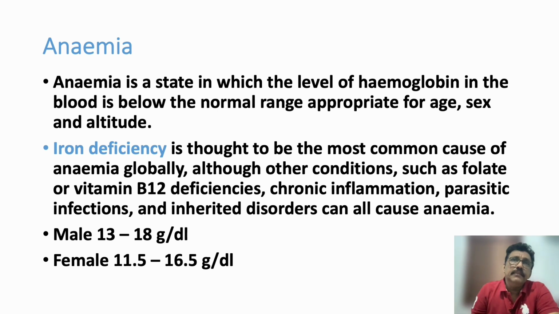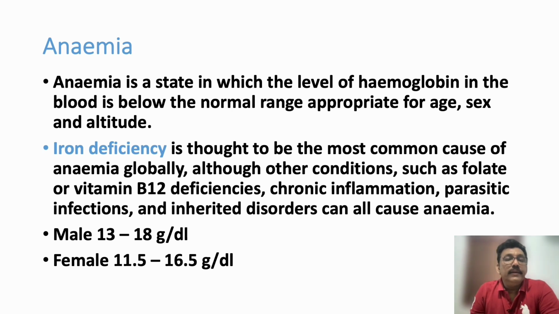Iron deficiency can be due to reduced intake of iron, or increased loss of blood through the GIT or menstrual periods. There also we are losing blood, and the iron levels in our body are reducing. So that is a major cause.